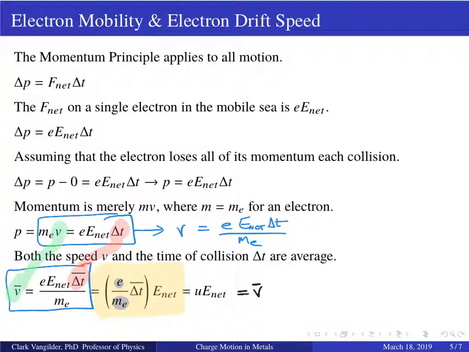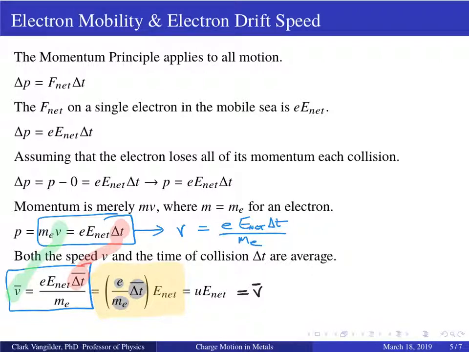The mass of the electron doesn't make the electron move, and the time of collision doesn't make the electron move. They're connected. Obviously it wouldn't respond to the thing that's moving it, the electric field, if it didn't have charge. The mass of the electron is a measure of its inertia, so it's going to resist that motion more or less than other things. Okay? And the time's just, every motion requires time, going back to first semester.